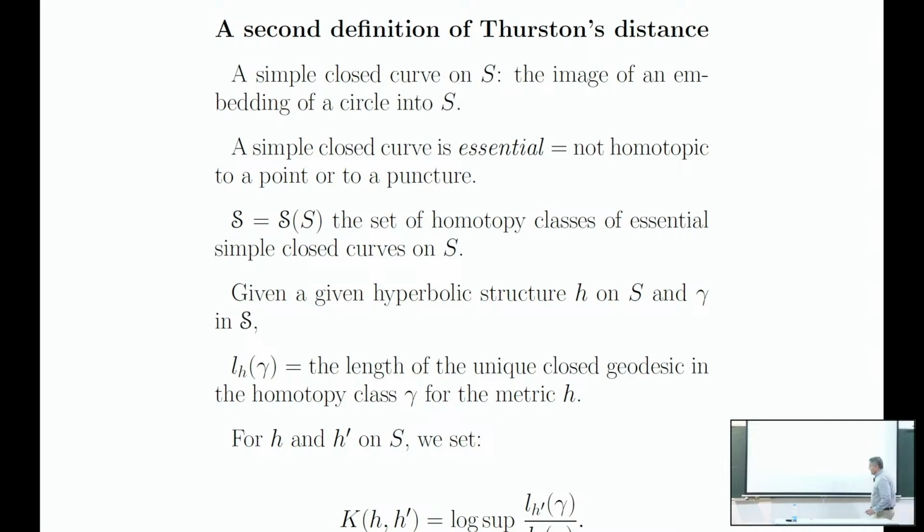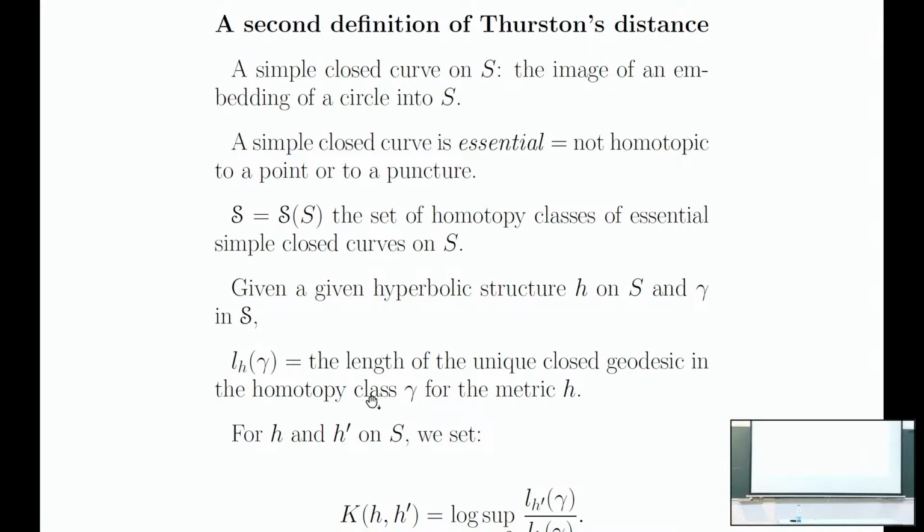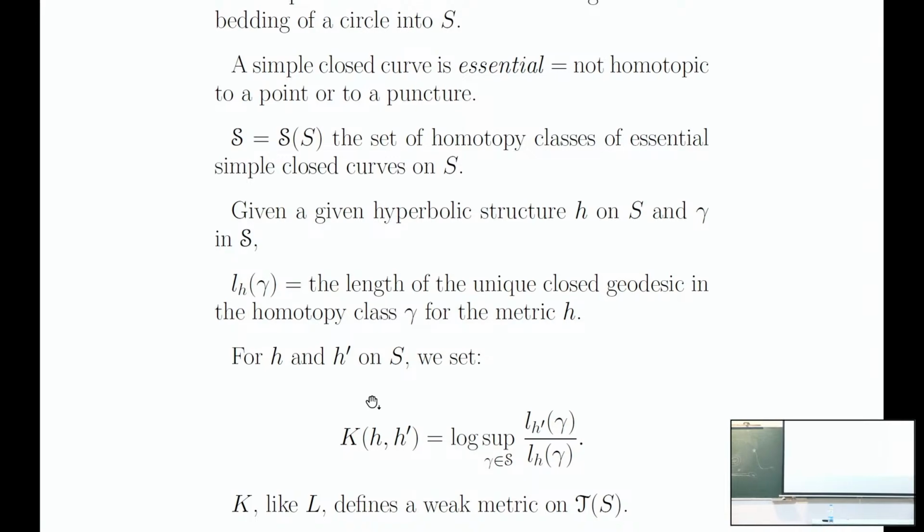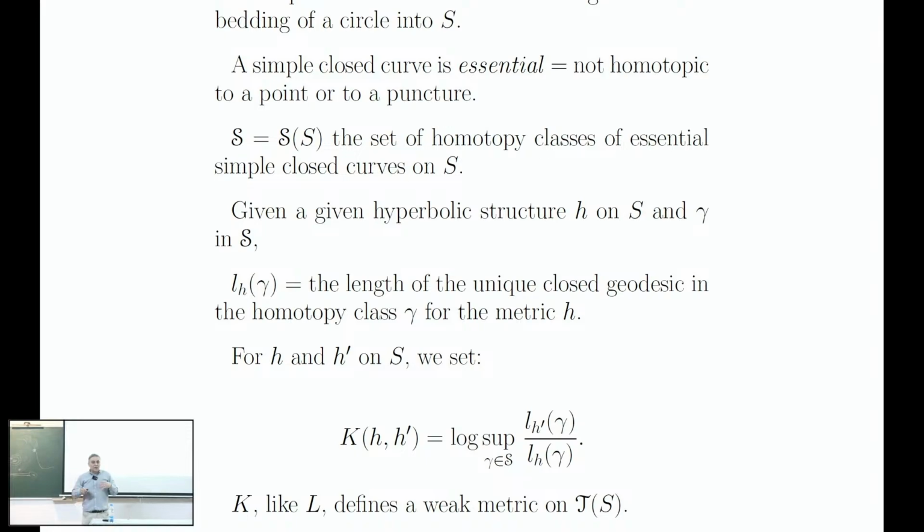And now, given two hyperbolic structures, I want to compare the lengths of the curves measured in H prime and the lengths of the closed curves measured in H. And in fact, the distance will be 0 if all the lengths are the same, right?